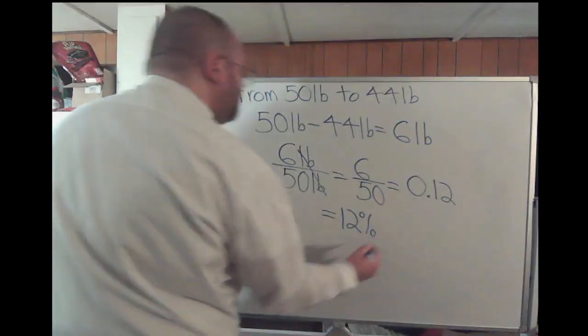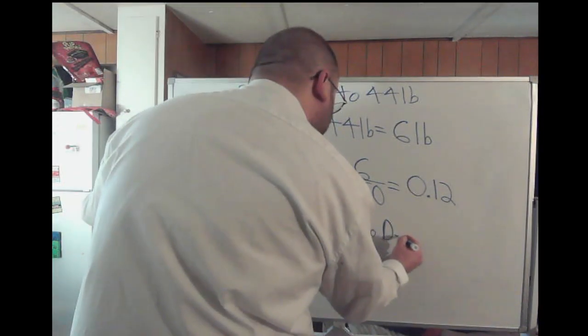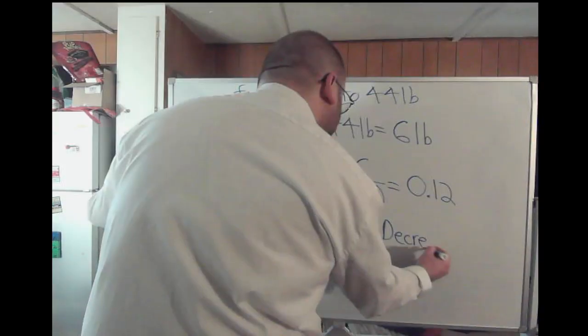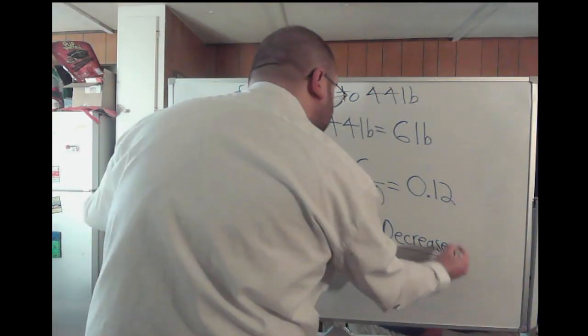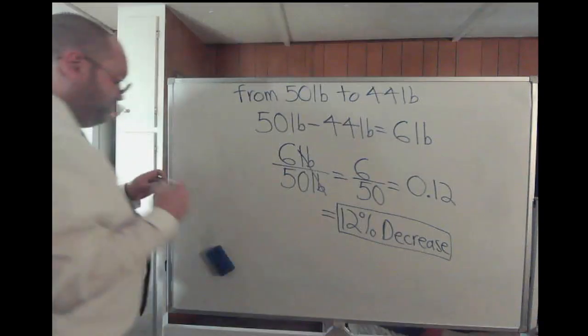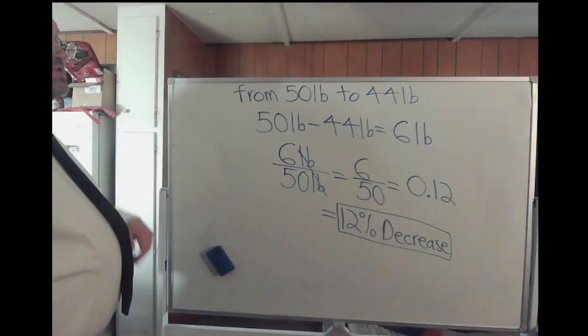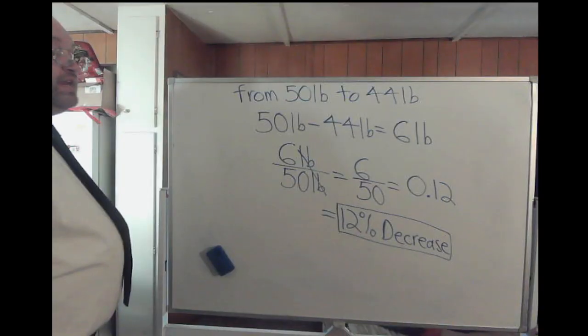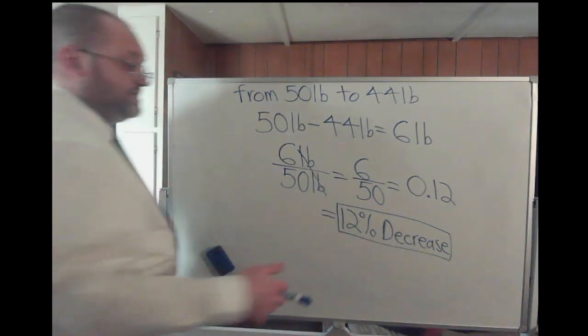That's a change of 12%. In this case, it's a decrease. So you've seen a 12% decrease in that bag of dog food that you used to get 50 pounds for a certain dollar amount, now you're only getting 44 pounds for that same dollar amount. You've seen a 12% decrease in the value of it.